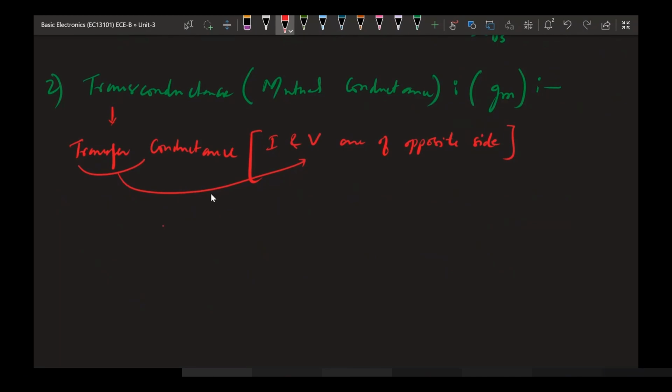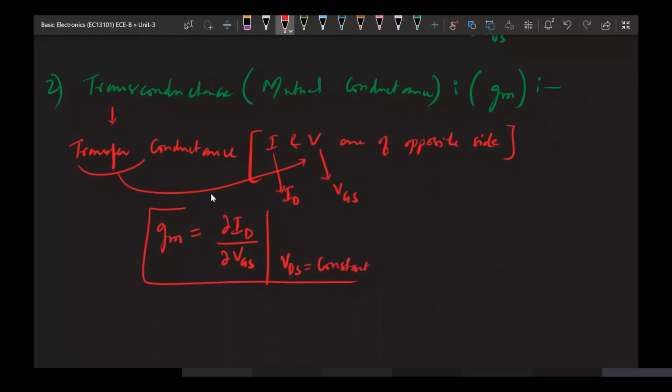So this GM is defined by, only one current is there, so the current will be ID, but the voltage will be from the input side, that is VGS. So GM will be the relation of change in ID divided by change in VGS, and this is defined for constant VDS.